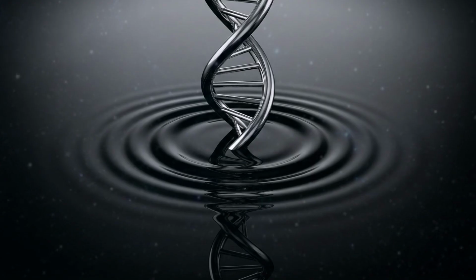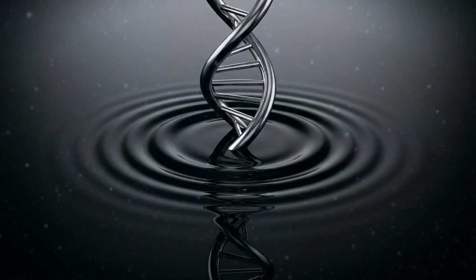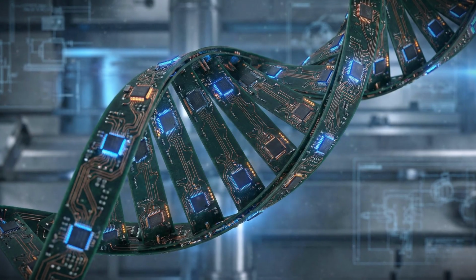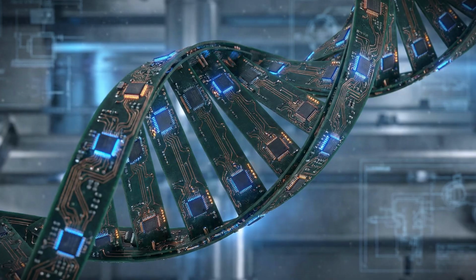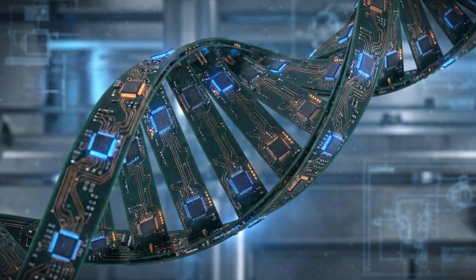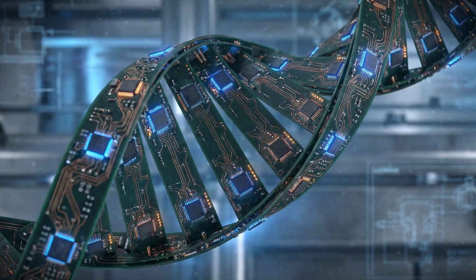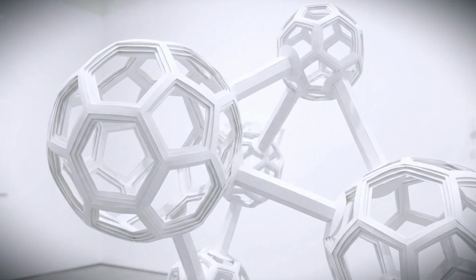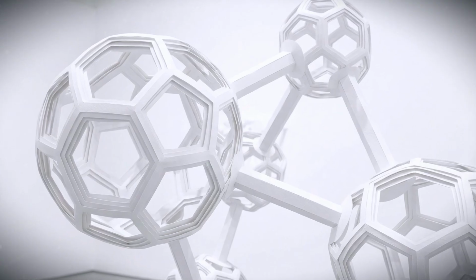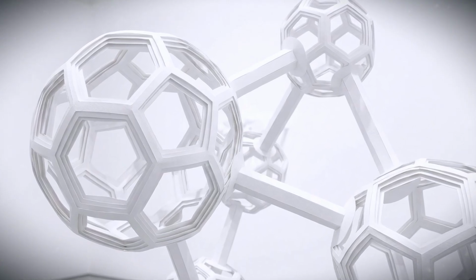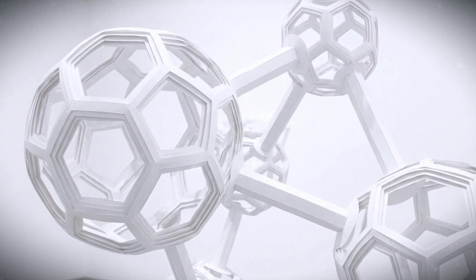Gene drives are genetic engineering systems that bias inheritance of engineered alleles, spreading them through populations even if they reduce fitness. CRISPR-based gene drives work by copying the engineered allele to the homologous chromosome during DNA repair, converting heterozygotes to homozygotes.